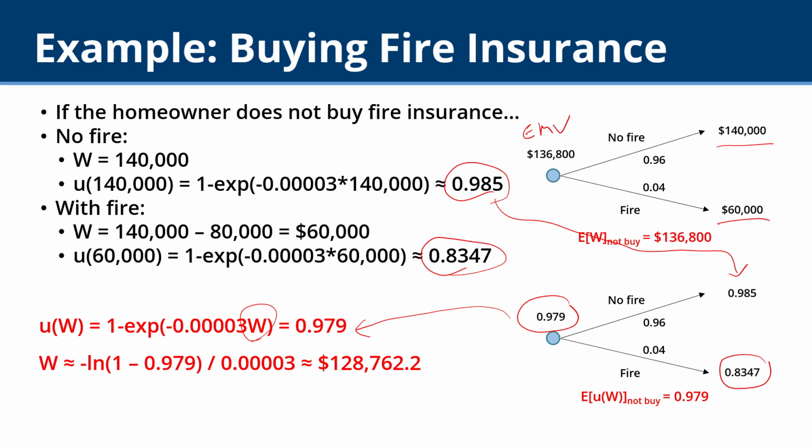The expected utility for not buying was 0.979. The monetary value of this is $128,762.20. So the difference between the pure monetary value and the equivalent monetary value when you equate the utility function of this person is just over $8,000.